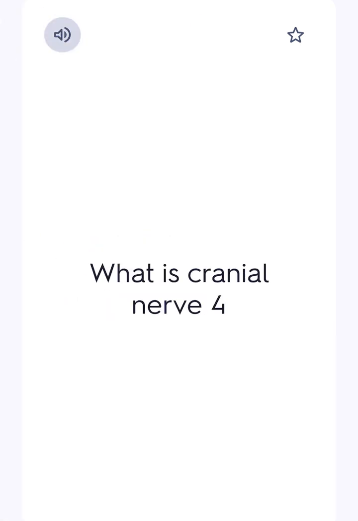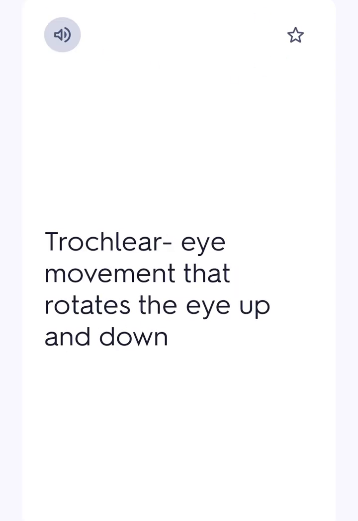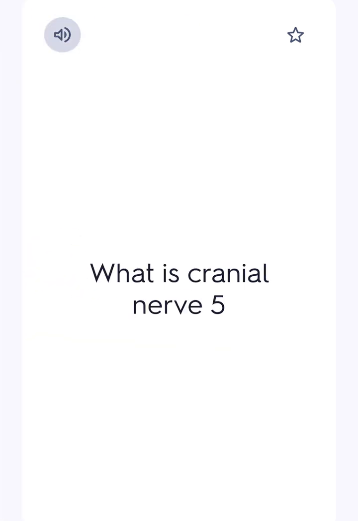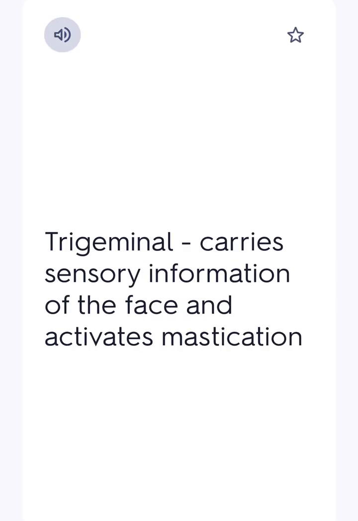What is cranial nerve 4? Trochlear, eye movement that rotates the eye up and down. What is cranial nerve 5? Trigeminal, carries sensory information of the face and activates mastication.